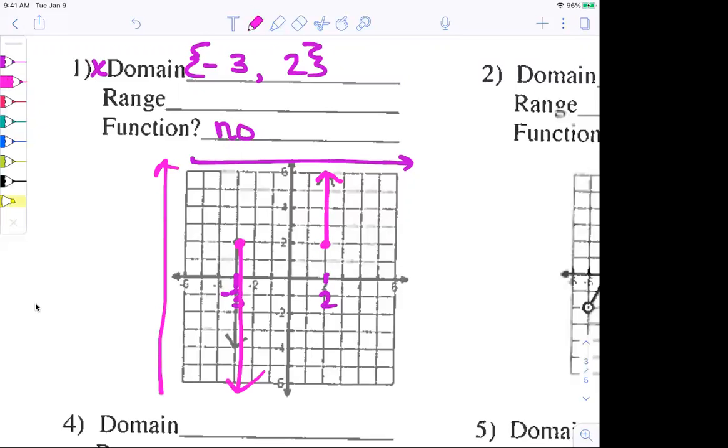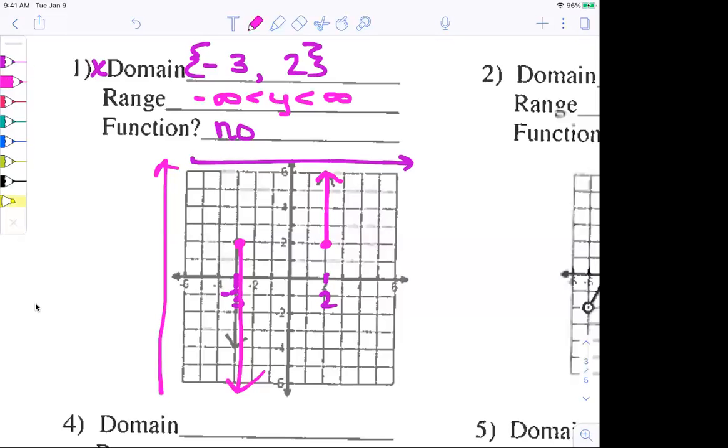So the bottom line goes down forever to -infinity. The top line goes up forever to +infinity. And they both touch the 2. It doesn't matter that they're not connected to 2. They're both touching 2 and going above 2 or below 2. So that range would be -infinity is less than y, which is less than +infinity. Questions?